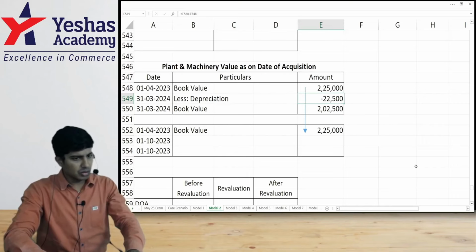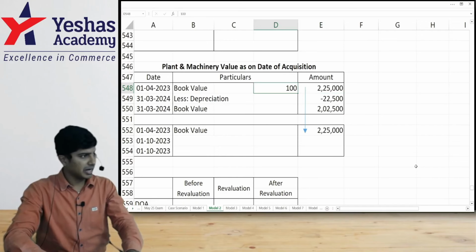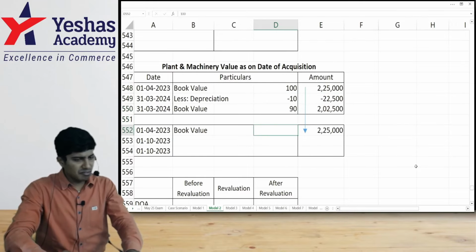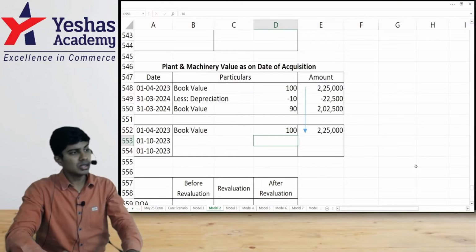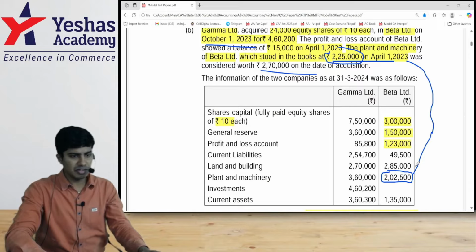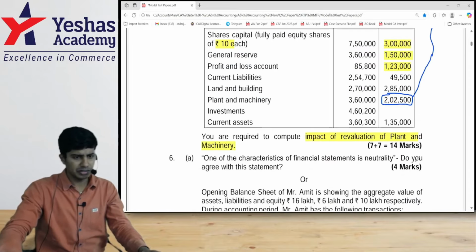If this is considered to be 100, then this would be 10, no? Whereas this is 90. Now here, if this is considered to be 100, depreciation will be 10%, but into 6 by 12. Very good. You get this depreciation at 10%. Have they mentioned 10%? No, right? We only found it.